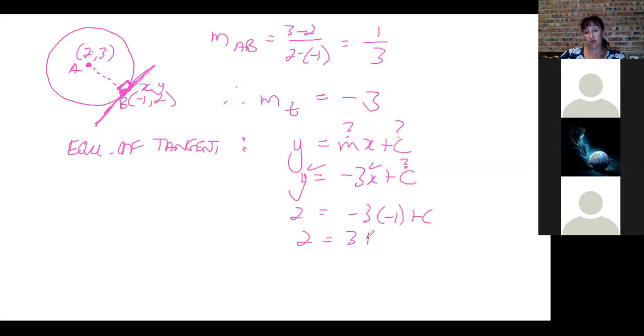So 2 equals 3 plus c, and if I rearrange that, I get c equals negative 1. So the equation of the tangent is y equals minus 3x, and c is minus 1. Right, so that's the equation of the tangent to that circle at that particular point.